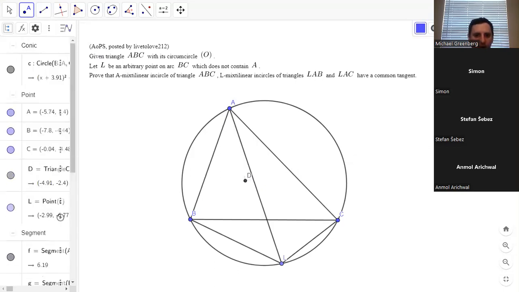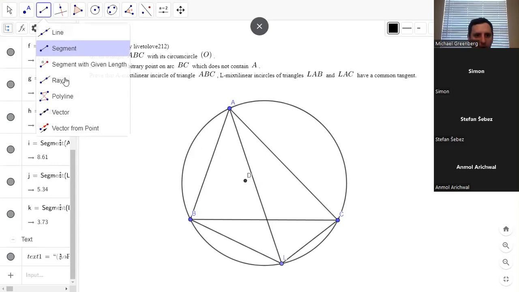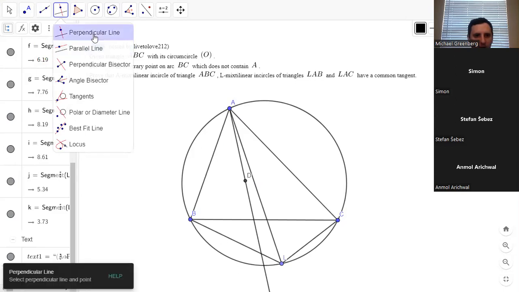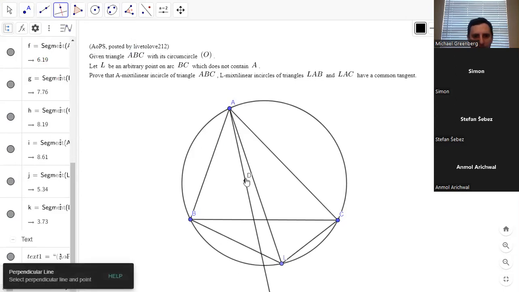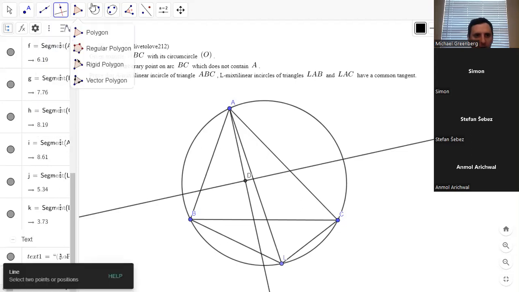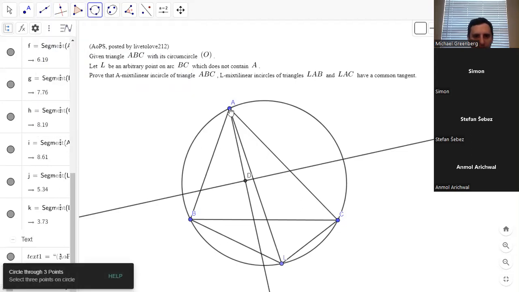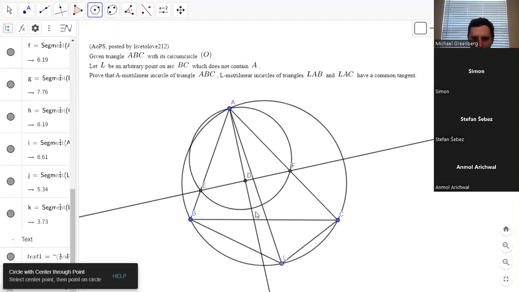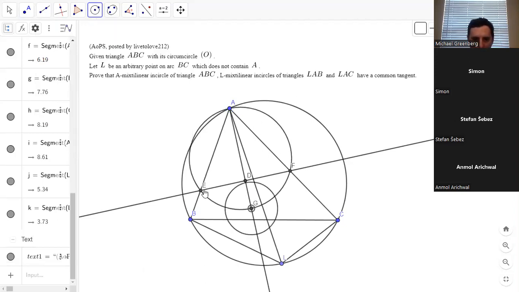Let me do it like that. So I draw the ray, and then I draw the perpendicular, and then I draw this. Okay. So this should be one of them.